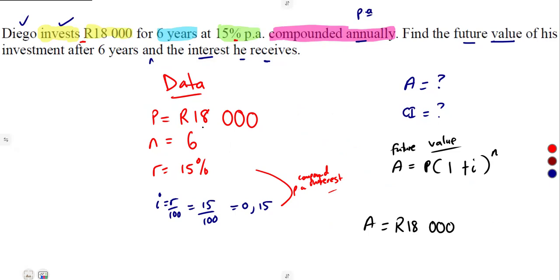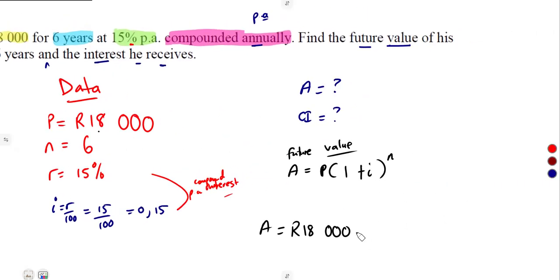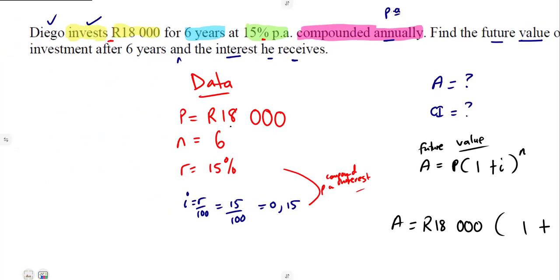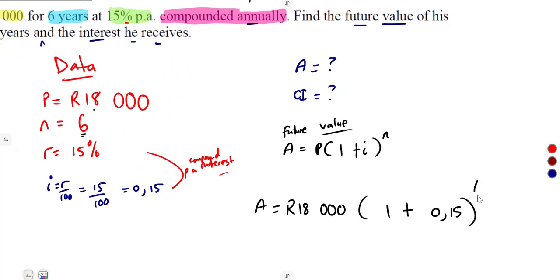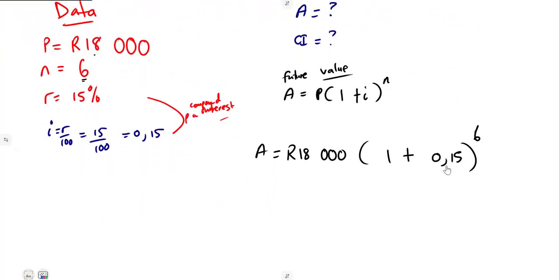So you're given 18,000. All right. Then open bracket 1 plus, like I said, if you're using I, you take it as a decimal. So that's 0.15 to the exponent of n, the number of years. We are told the investment is after 6 years. So this is to the exponent of 6.